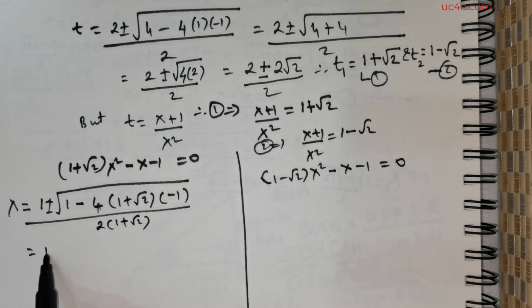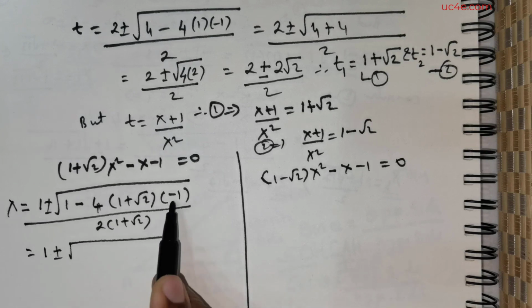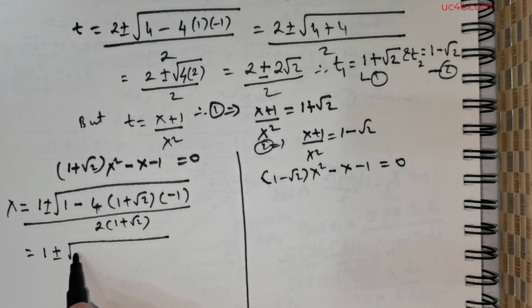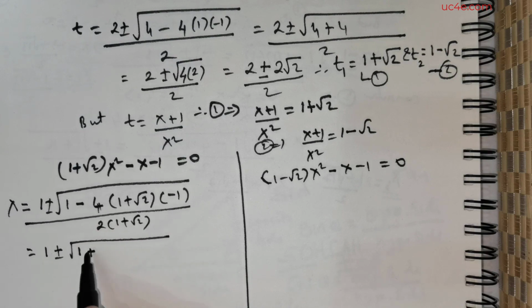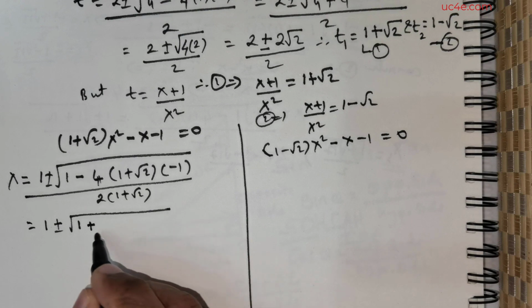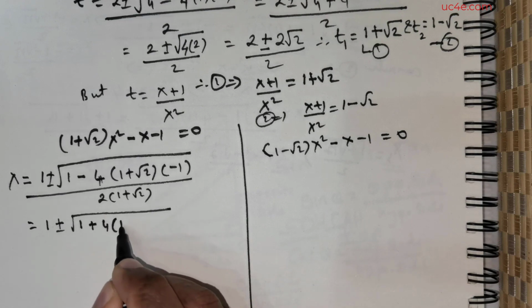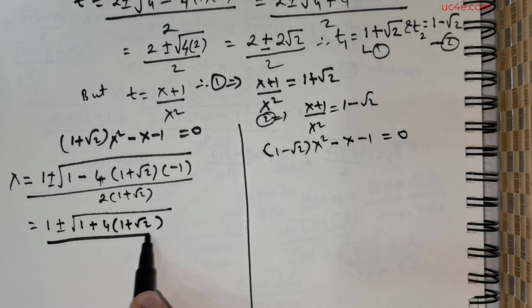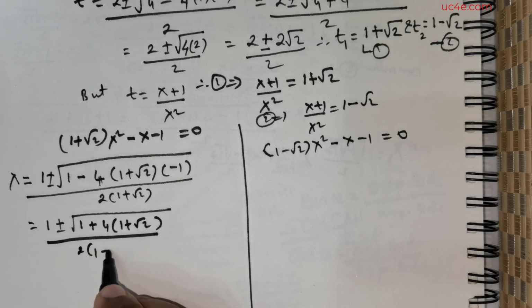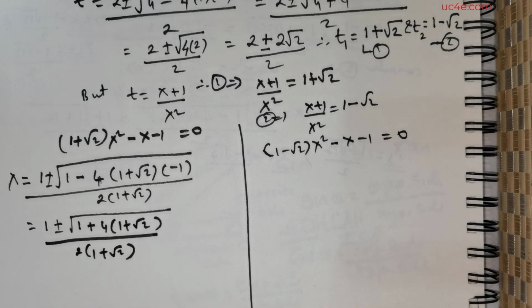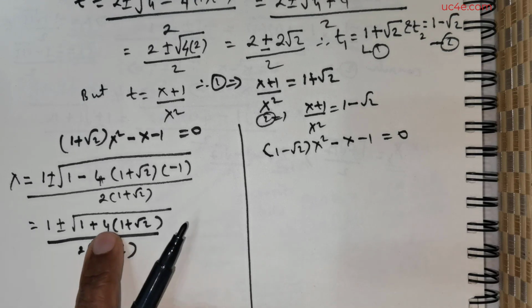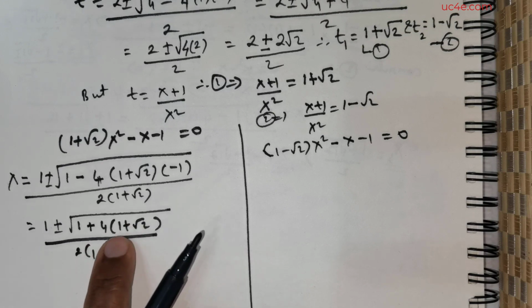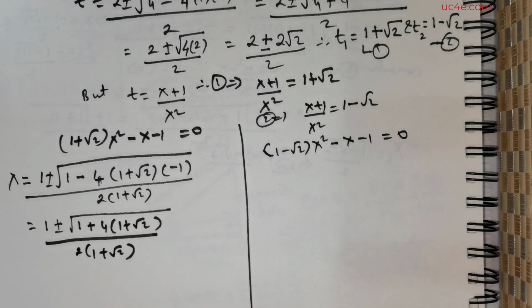So this is equal to 1 ± √(1 + 4(1 + √2)) divided by 2(1 + √2). So this is the quantity that I've got. Now of course you can expand this and subsequently simplify this.